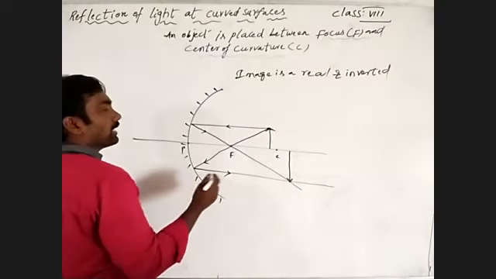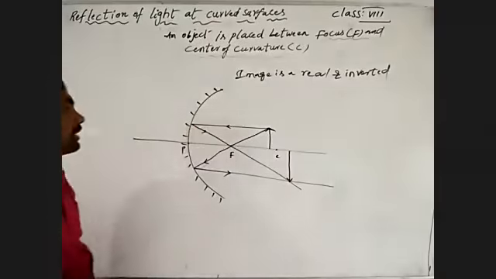And also one more thing: where is the image formed when the object is placed between focus and center of curvature?